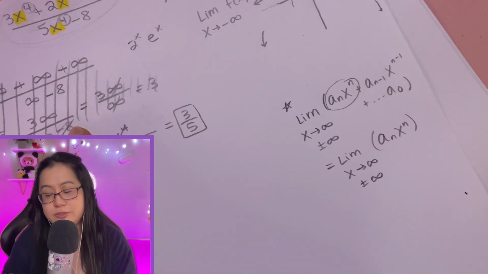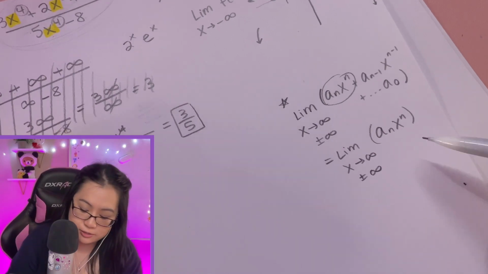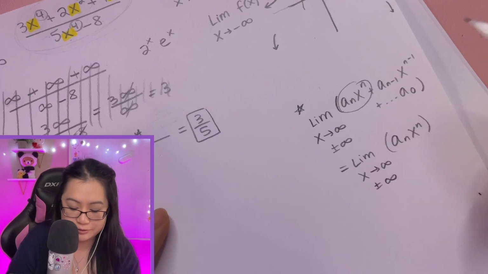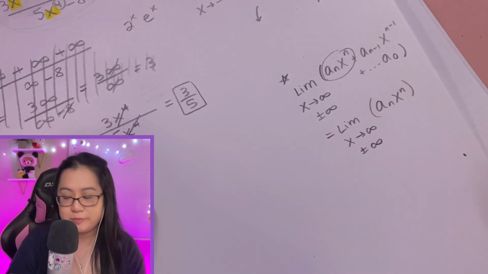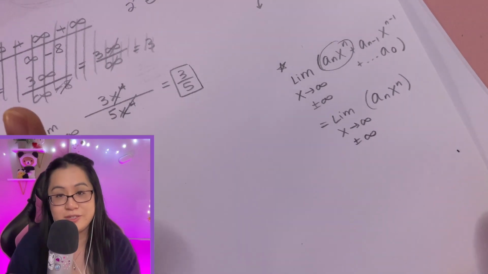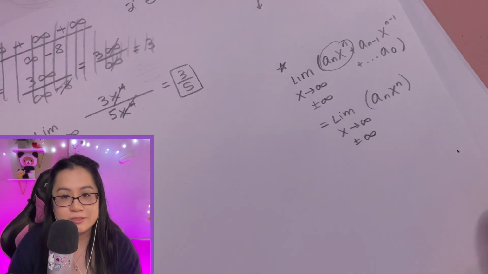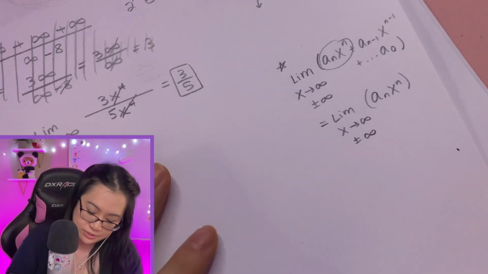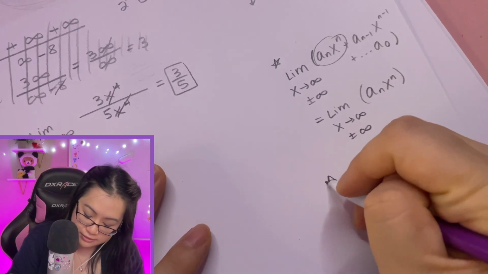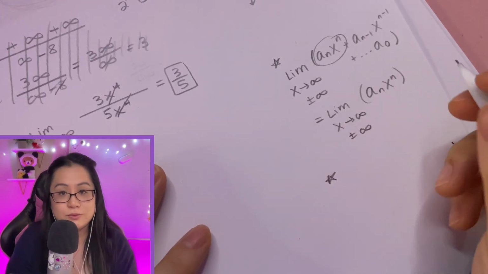So you're allowed to use this idea, and it's going to be even more clear when we actually go through the exercise of dividing out the highest power, but just keep that in mind. If you have an entire polynomial, and it has to be a polynomial, you can just take the limit of the highest powered term.